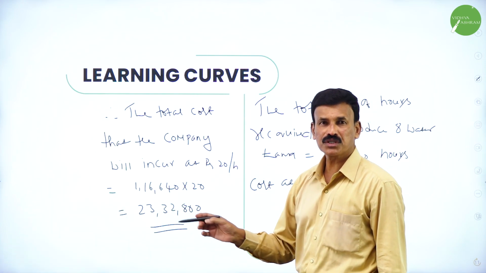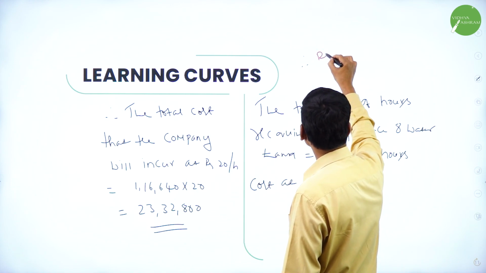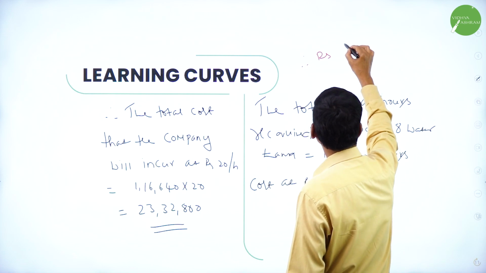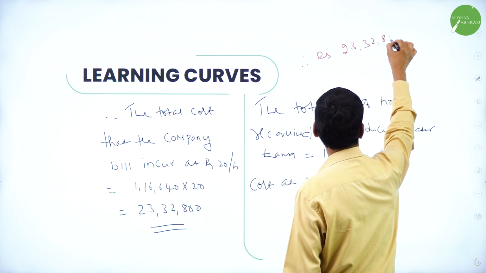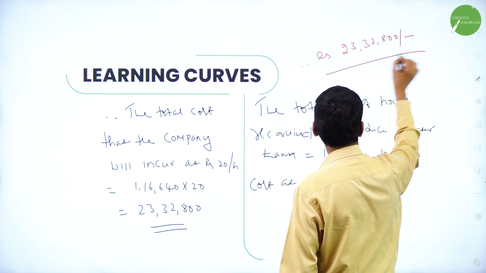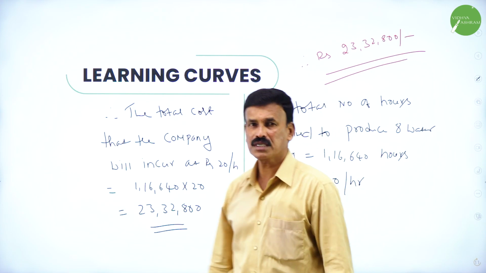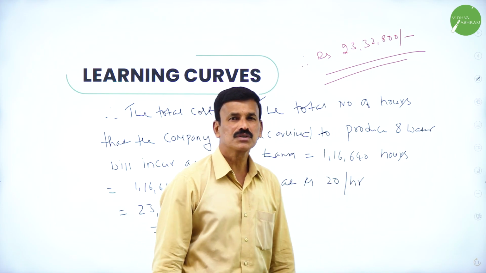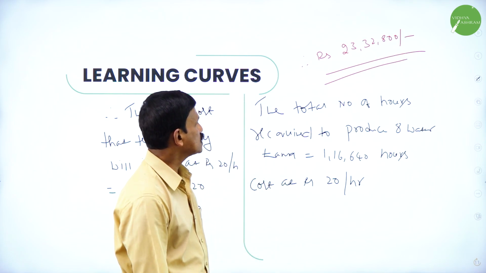So the total cost that the company will incur is rupees 23,32,800 to produce 8 water tanks at the rate of 20 per hour. Right. So this is how we are going to solve this problem.